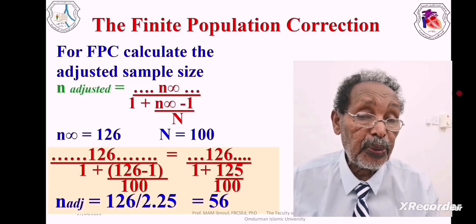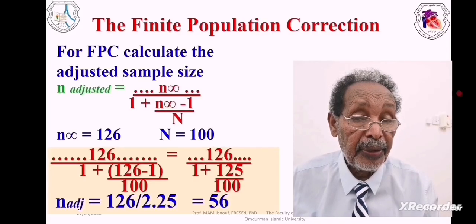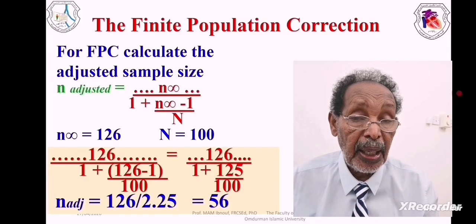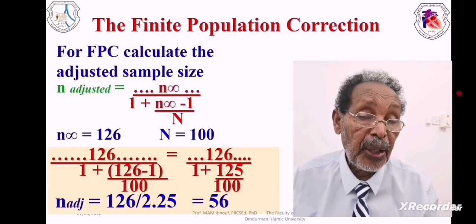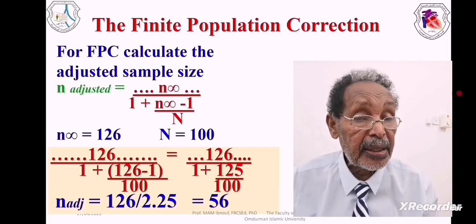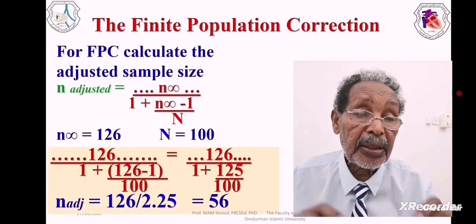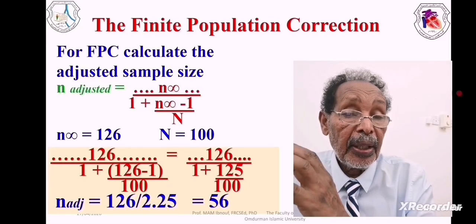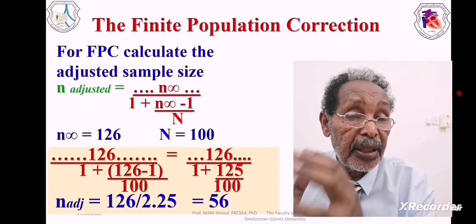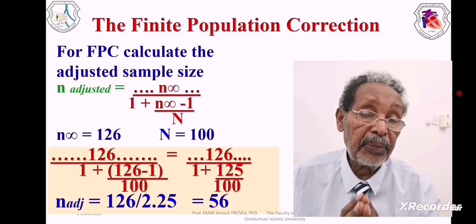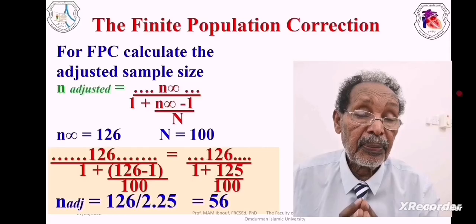Plus 1, it will be 2.25. And we divide 126 by 2.25, the result will be 56. This is the adjusted sample size for this finite, limited population.